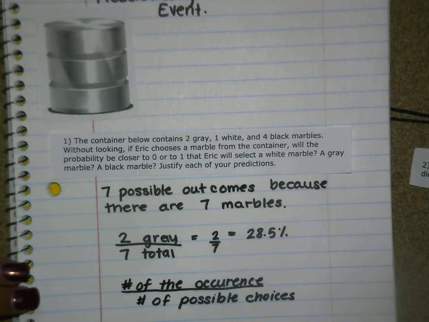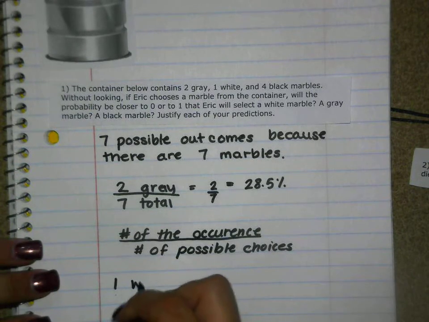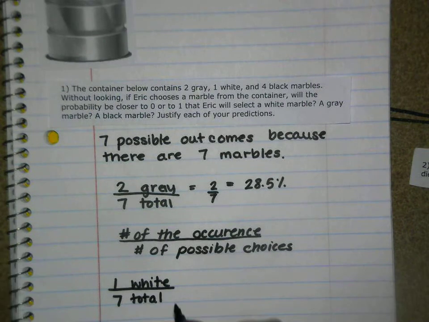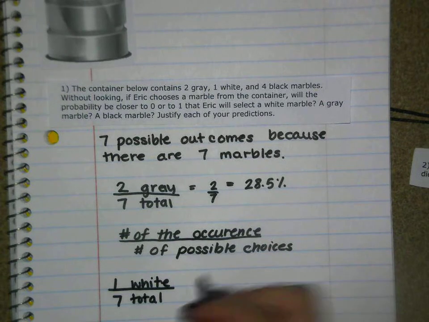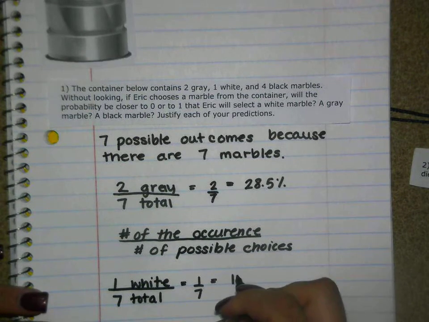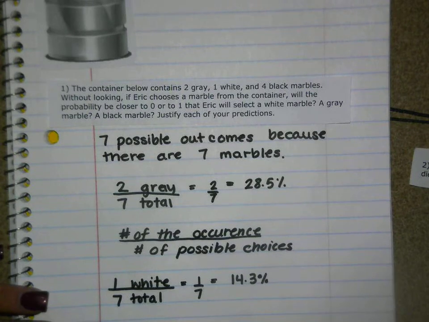So let's try it now with our white marbles. Well, it says up here that we have 1 white marble, and that's going to be over our 7 possible, so 7 total marbles. And that is going to give us 1 over 7 as the probability, or if you wanted it in a percentage, it would be 14.3%. Okay?